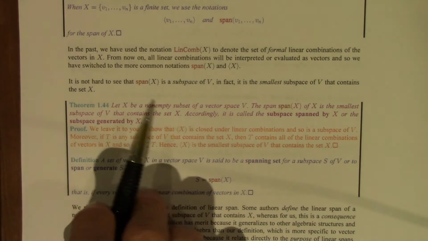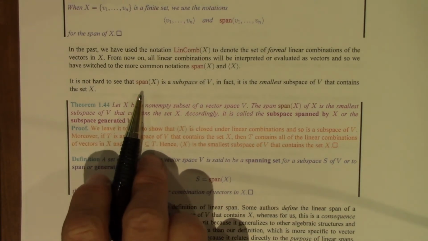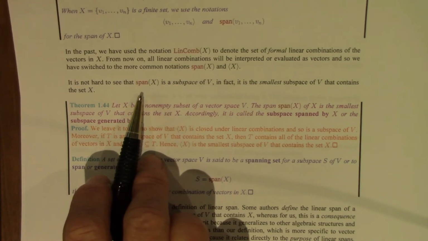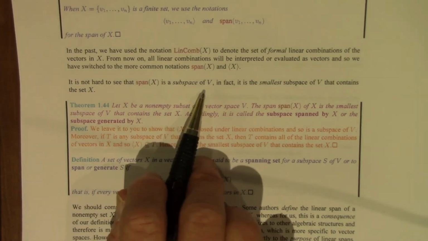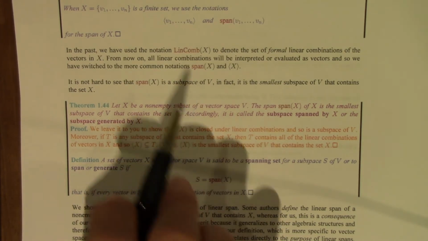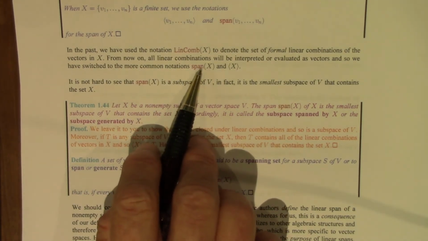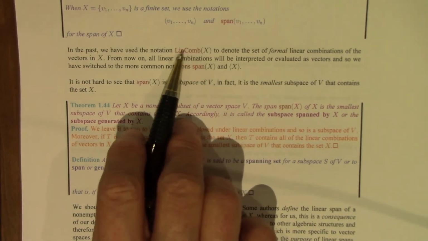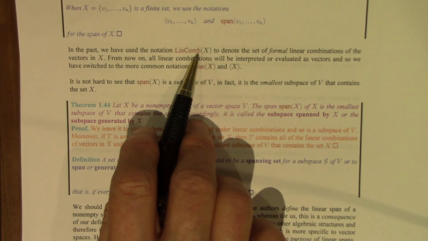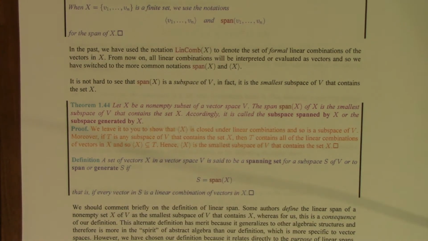It's not difficult at all to see that the span of X is a subspace of V. And so we're going to use these notations in place of the original notation that I used before, because we're thinking of the span, the set of linear combinations of the vectors in a set X, as a subspace of a vector space.